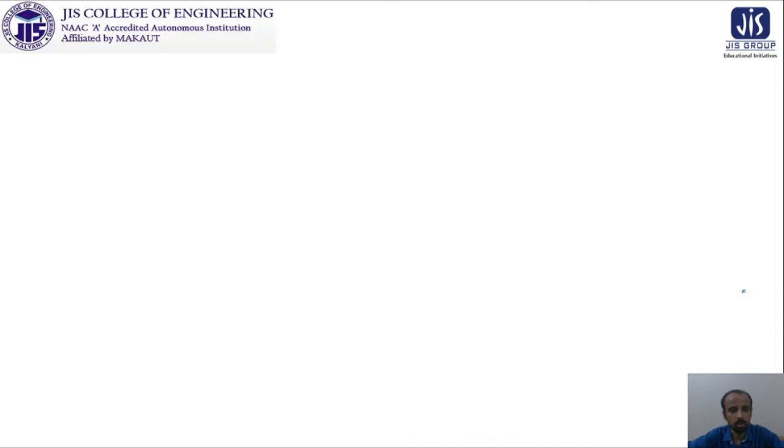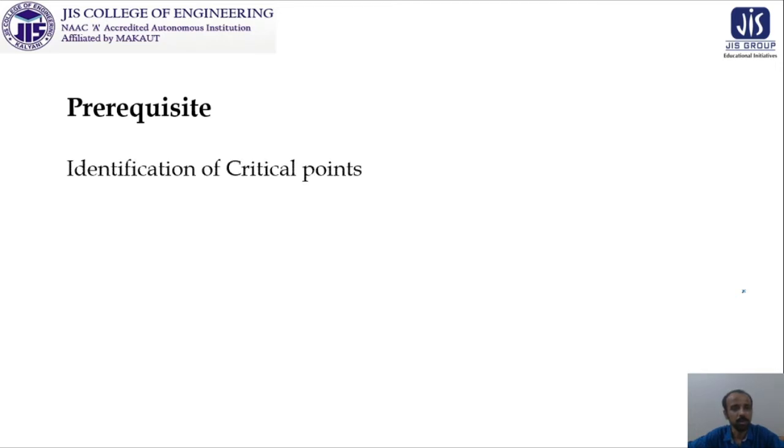Those who are following the proper sequential advancement of this particular course can identify the prerequisites of this class. First of all, we will be able to identify what the critical points are.